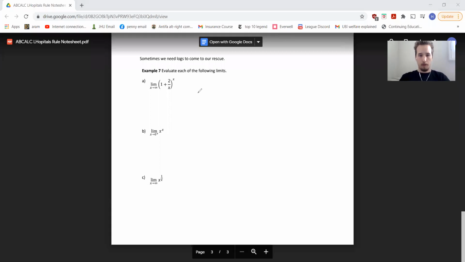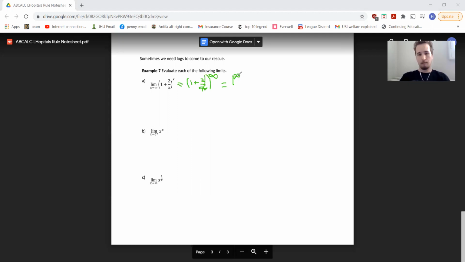So let's start with number 1, right? So let's try plugging in infinity to this limit. You get 1 plus 2 over infinity, plugging in infinity for x, right? 2 over infinity is 0, and so you get 1 to the infinity power, which you might think is just 1, but actually it's indeterminate.